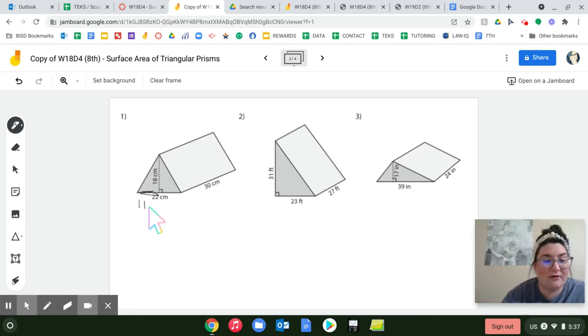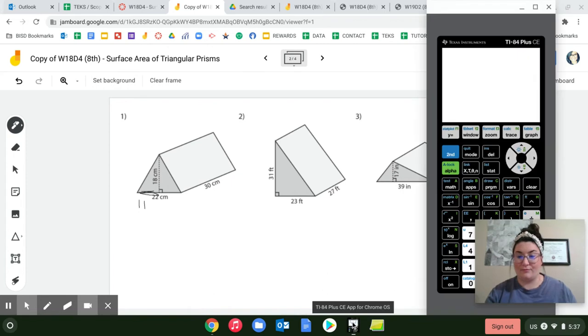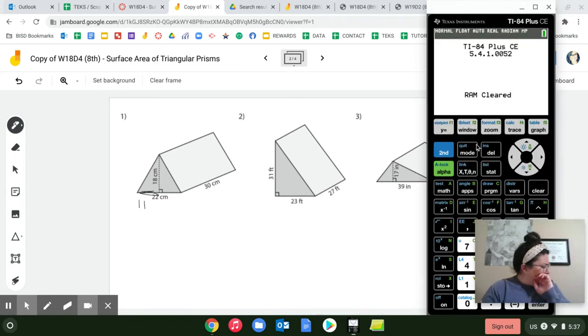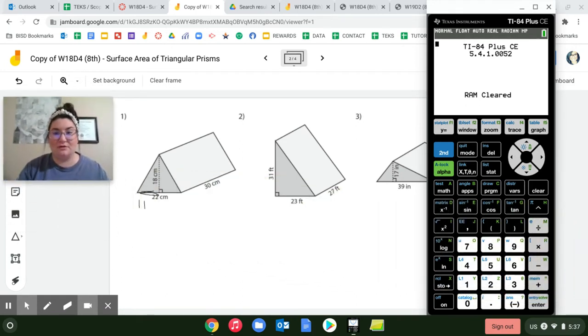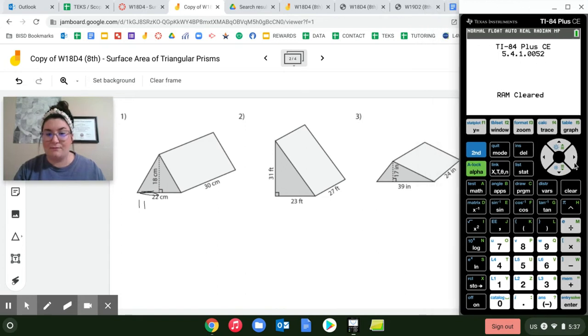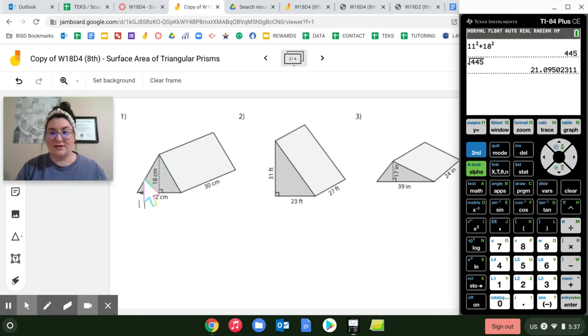And if we go in our calculator and plug in, excuse me, I'm still not feeling hot, you guys. We are making it. Okay, so we have 11 squared plus 18 squared, square root of that. So it looks like our side lengths here are going to be about 21.1.